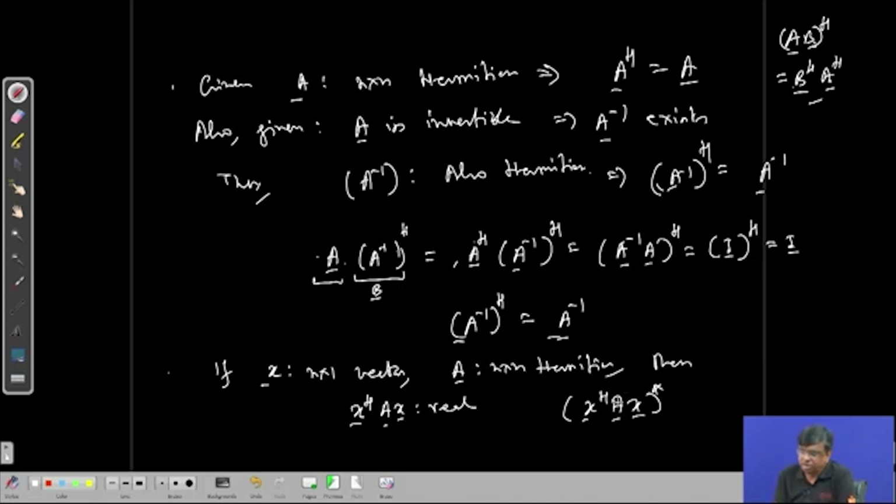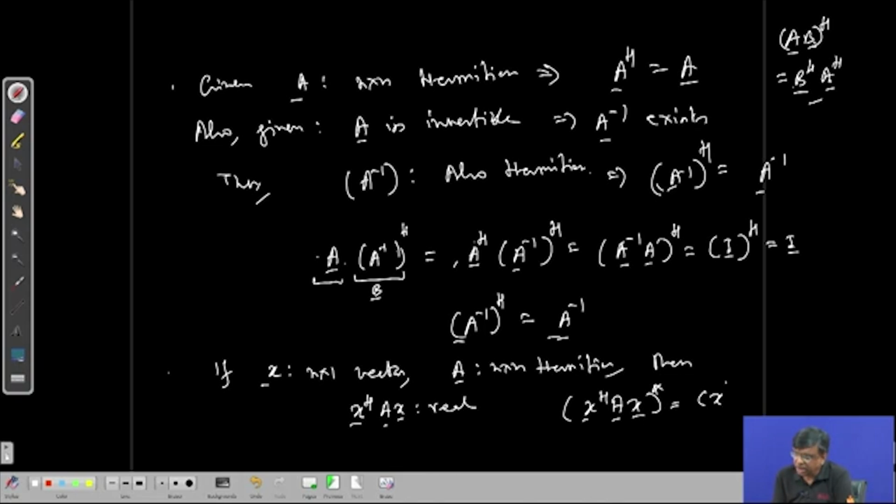Now, here is a trick. Any scalar you can also view as a 1 by 1 matrix. If I give a scalar number, say alpha, it can take 2 or 3 or j or whatever value, but it is a scalar. Any scalar number is also a 1 cross 1 matrix, just as an n cross n matrix has n columns and n rows.